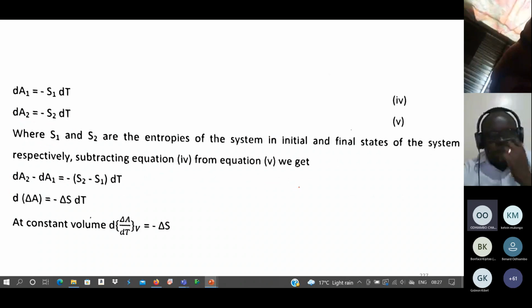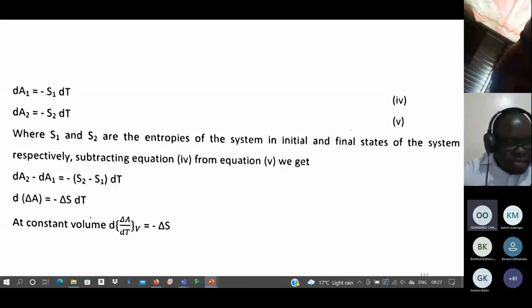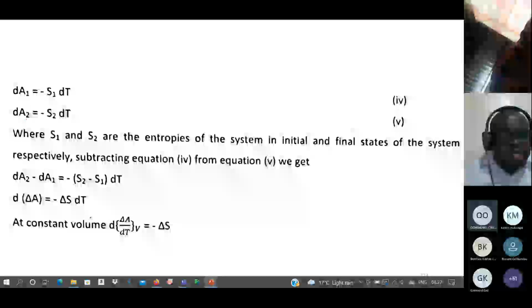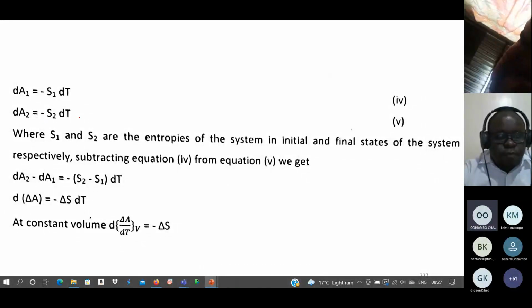Then we can have this. So dA1 is given by minus S1 dT from that expression of dA, and dA2 is given by minus S2 dT. Of course, where S1 and S2 are the entropies of the system in the initial and the final state. So S1 is the initial entropy of the system, and S2 is the final entropy of the system.